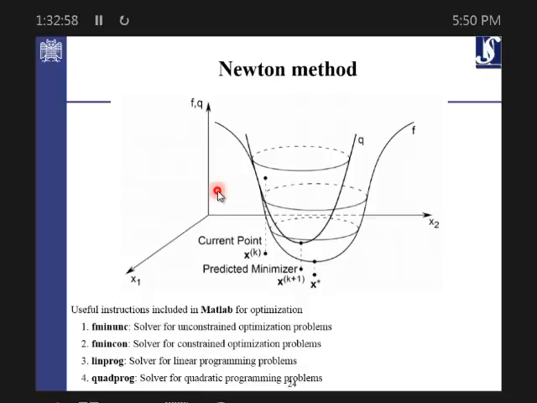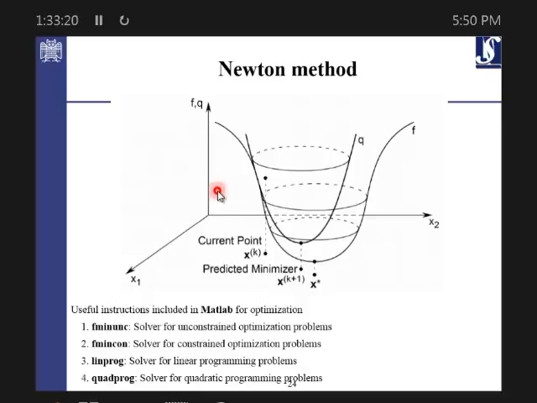So the Newton method is a quadratic version of the optimization problem. It's quadratic because it considers a ball and then makes the tangent of the ball with the manifold. The manifold is the function of your optimization, the cost function that you have.